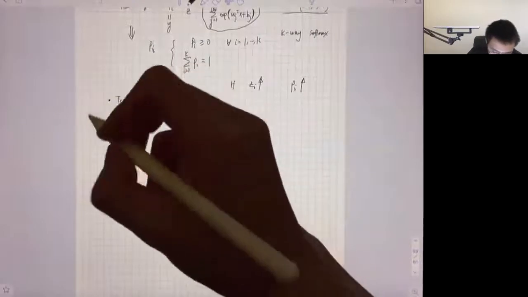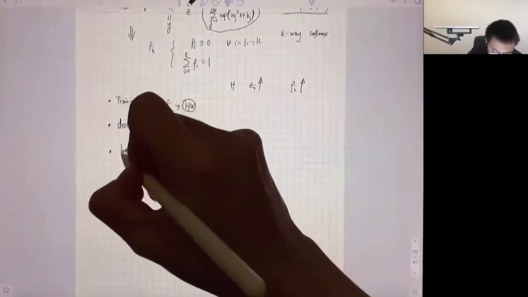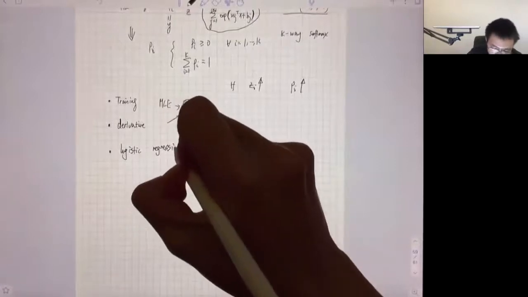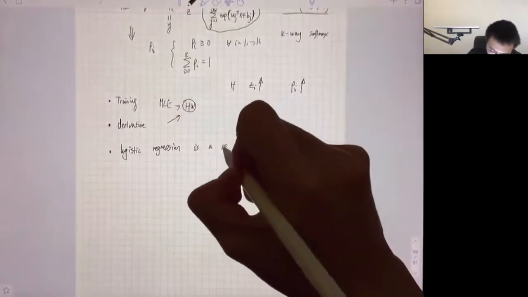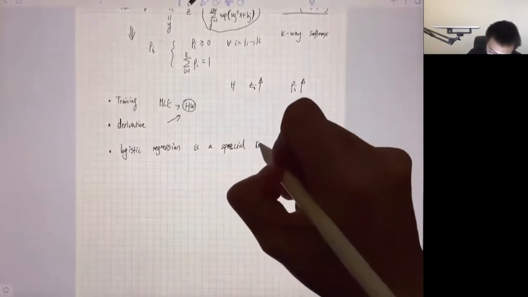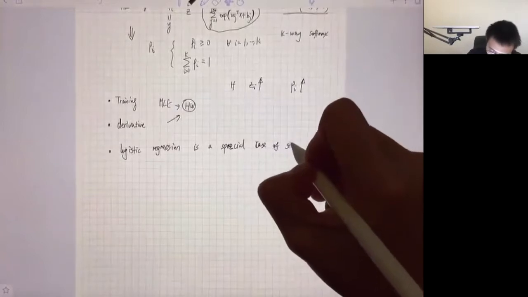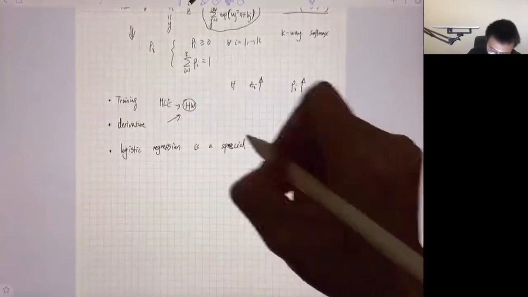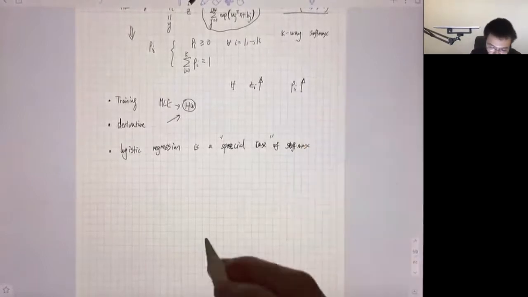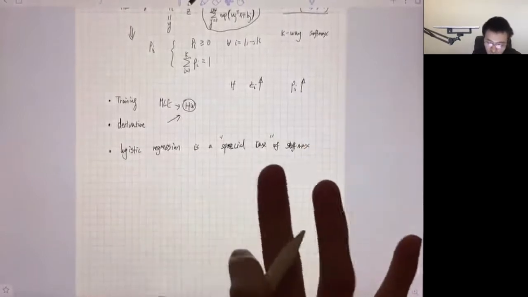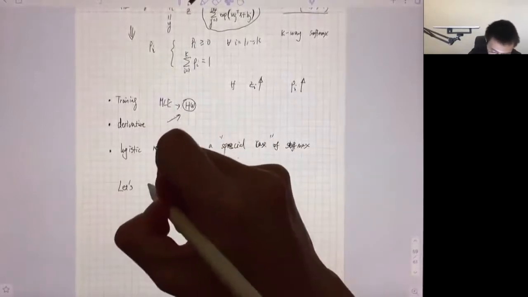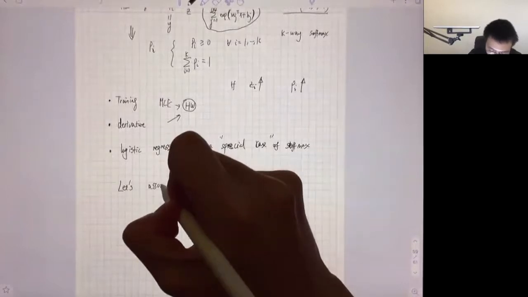So I will show that logistic regression is a special case of softmax. What does it mean by special case? Logistic regression is equivalent to two-way softmax. Let's assume I have two categories, C0 and C1.